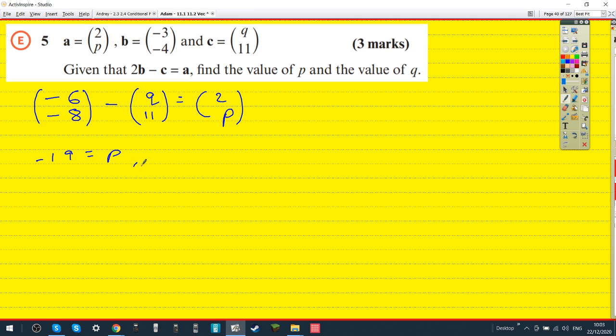And then this one, what was Q? Q was -6 minus Q equals 2. Which gives you -6. Wouldn't it be plus, not minus?